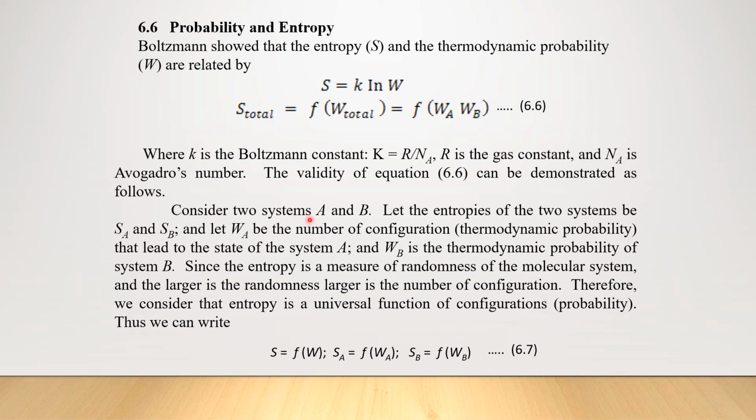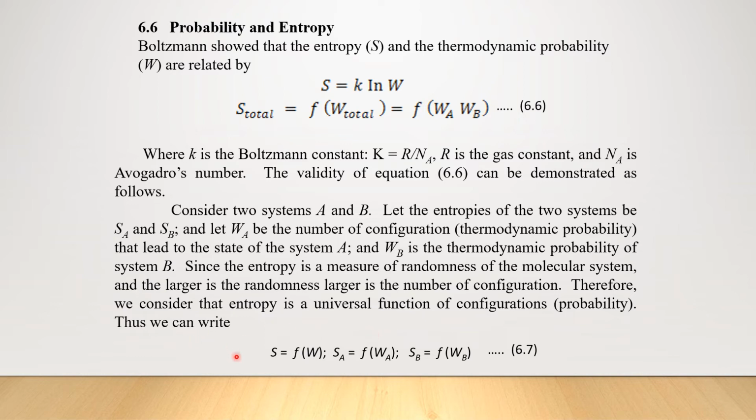Consider two thermodynamic systems A and B. Now let the entropies of the two systems be given by SA, the entropy of system A, and SB, the entropy of system B. Let WA be the number of configurations, that is the thermodynamic probability of system A, and WB the thermodynamic probability of system B. Now, since entropy is a measure of randomness in the molecular system, the larger the randomness, the larger the number of configurations. Therefore, we consider that entropy is a universal function of configurations or probability.